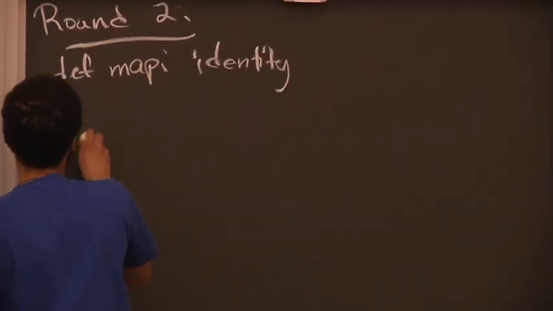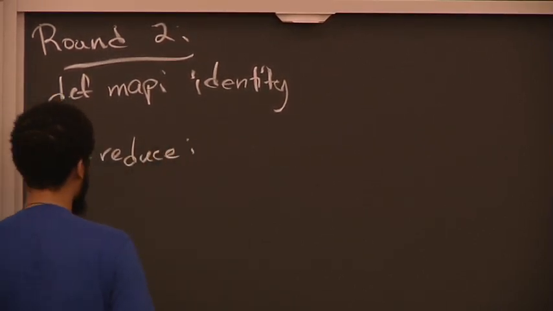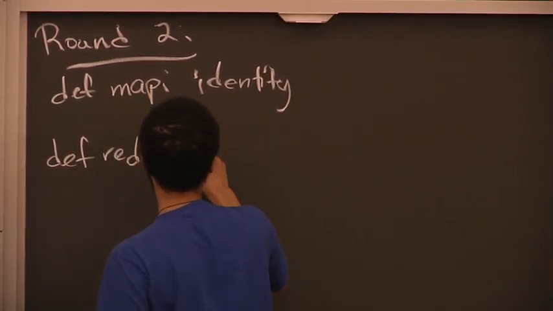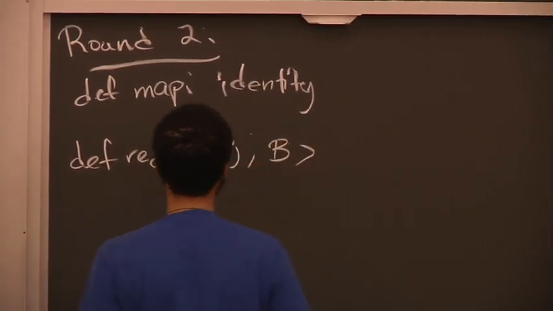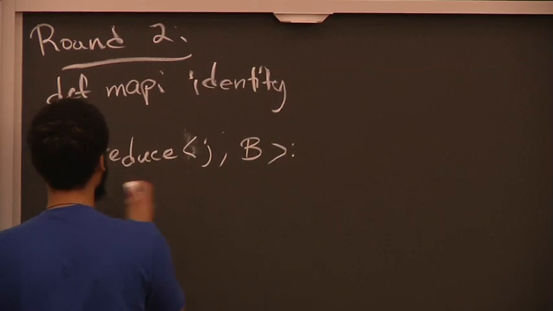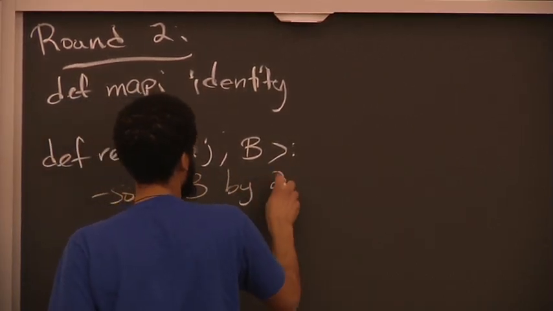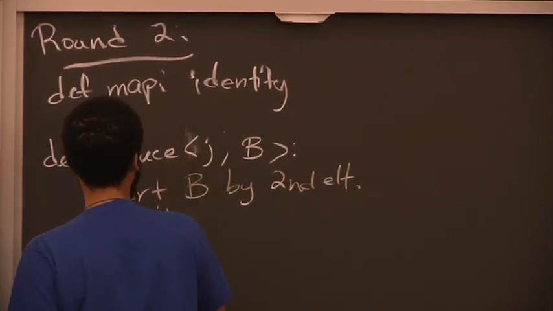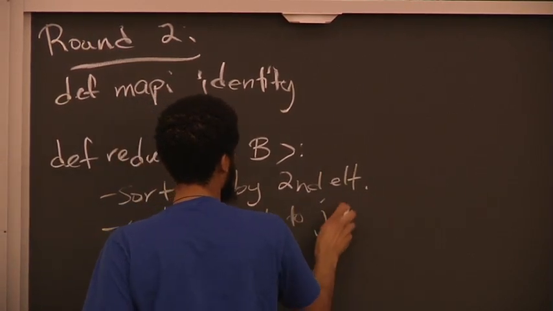And reduce gets as input some j together with a set of items, B. And then what we're going to do is just sort B by second element, and write the output to j dot out or something.